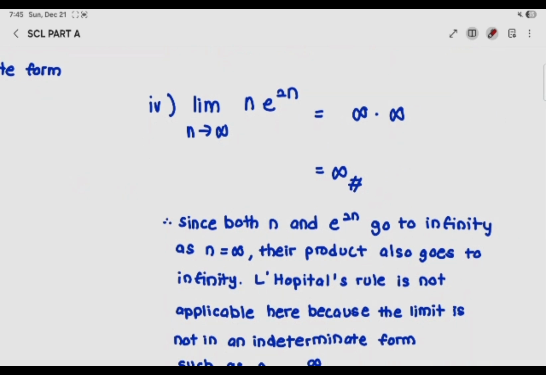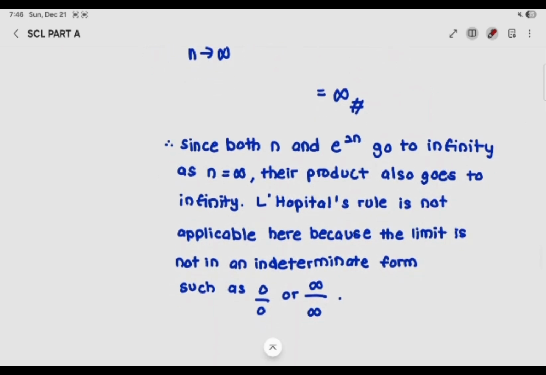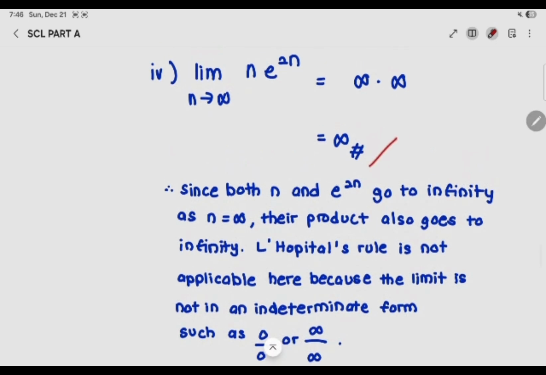Therefore, the product of these two terms results in infinity times infinity. Since this limit is not in an indeterminate form, such as 0 over 0 or infinity over infinity, L'Hopital's rule cannot be applied. So, the answer is infinity.